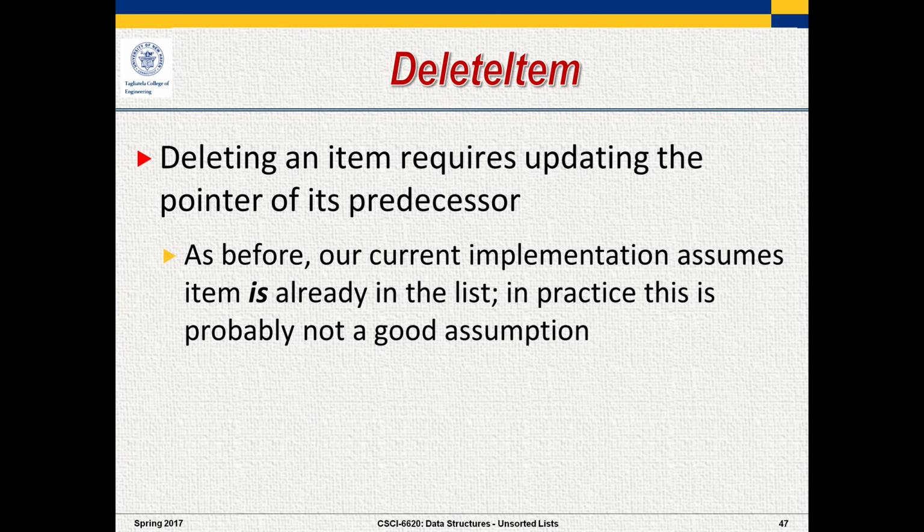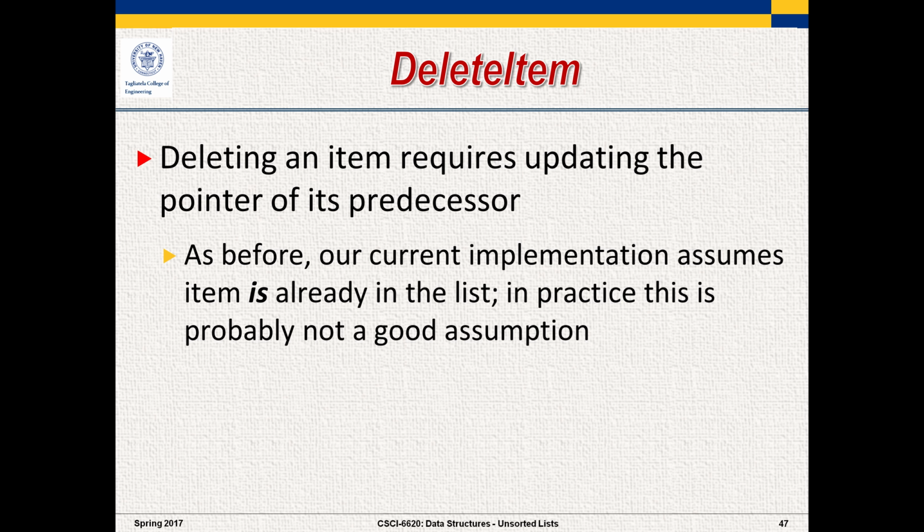DeleteItem is a little trickier because it requires you to update the pointer of the predecessor node. The current implementation, according to the contract that the ADT for UnsortedType provides, says that the precondition is that the item is already in the list, which in practice is probably more than you want to ask your client to have to know.